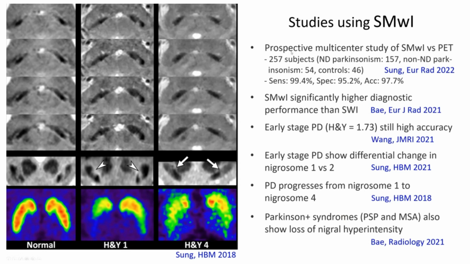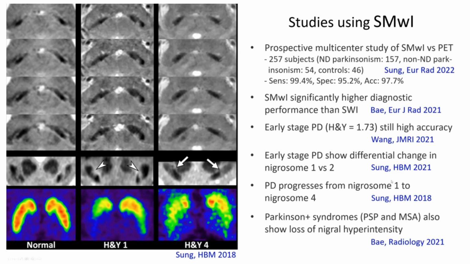And the most prominent one is this prospective multi-center study of 10 centers, recruiting 257 subjects, some with neurodegenerative Parkinsonism, the other with non-neurodegenerative Parkinsonism, and some controls, showing you a very high accuracy when you have this technique with trained radiologists. Another study demonstrates that this SMWI performs better than SWI. So it seems that this reconstruction technique is necessary to get the high performance in diagnosis.